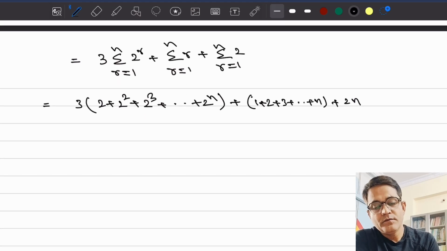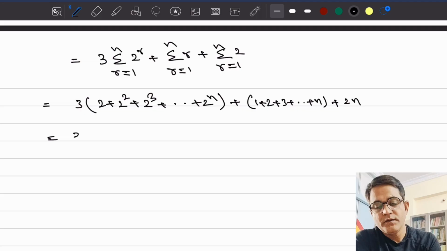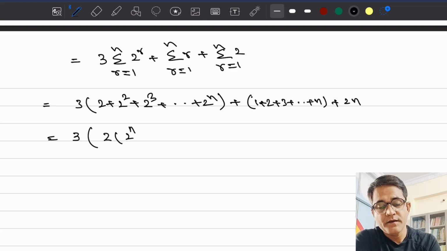So now this first bracket is what? The sum of n terms of a geometric progression with first term 2 and common ratio r. Already you know the formula: a into r power n minus 1 by r minus 1, where r is the common ratio and the number of terms is n. That is the first bracket.